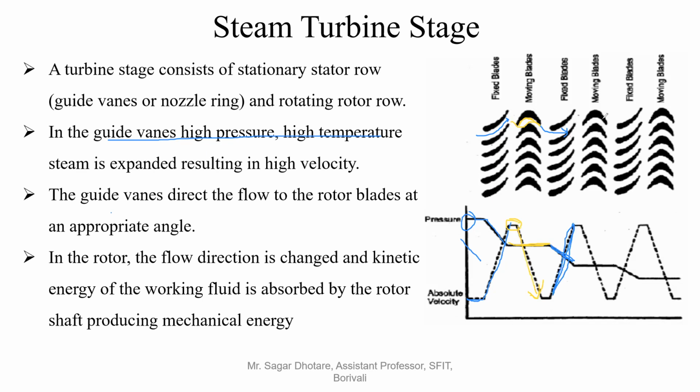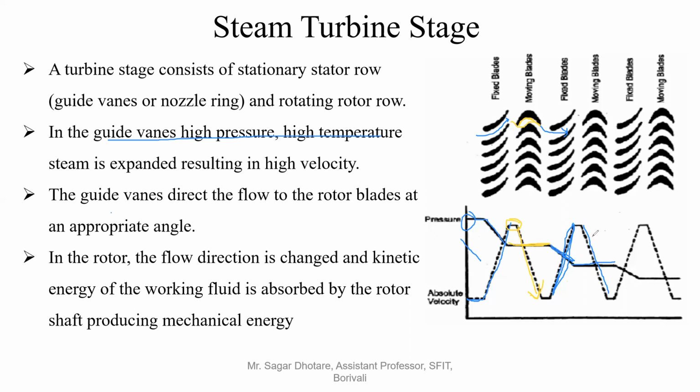Then it passes to the moving blade. The same process happens: the pressure is constant and at that time the velocity goes down. Now, why does the velocity go down? Because the steam transfers its velocity to the moving plates, and because of the high pressure, high velocity steam, the rotor rotates.